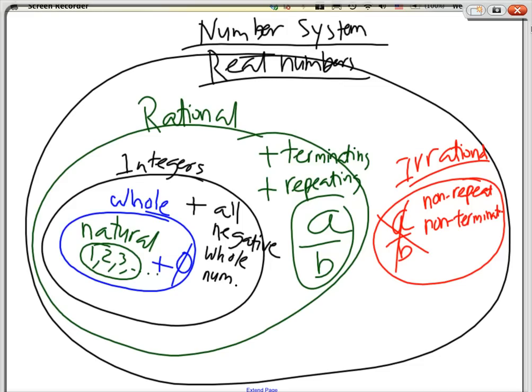And we have a good example for that. Pi is definitely a good example. Any questions so far in our number system? Different types, different names, different categories, and you have to remember where each one belongs.